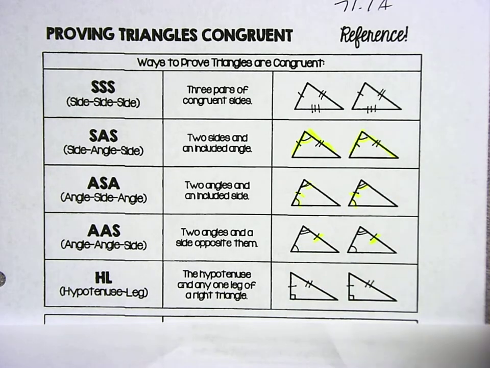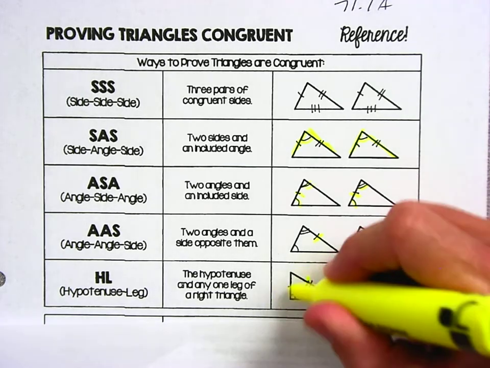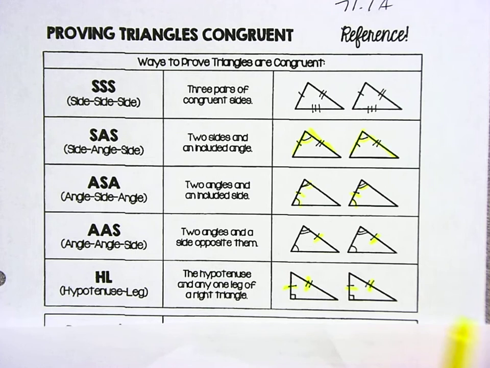All right, then that would be what they call angle, angle, side, okay? And then finally, only for right triangles, all you need is a pair of the hypotenuse matching up and one pair of legs matching up, and then by HL, it will be congruent, okay?